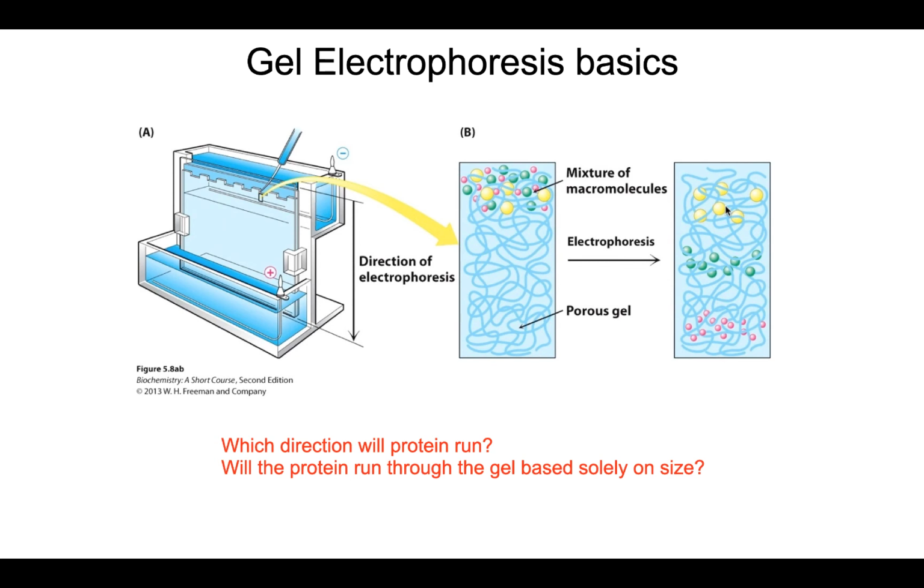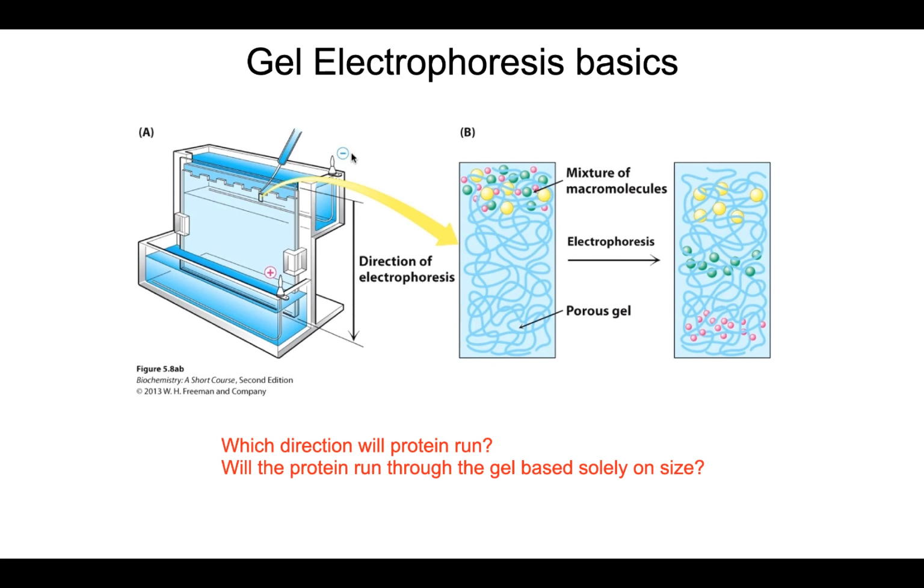And the first question is, when you run it through a gel, which direction will that protein run? Towards the positive pole or towards the negative pole? Think about proteins. Think about how they are different from DNA. And try to answer that question. I'll give you a second.